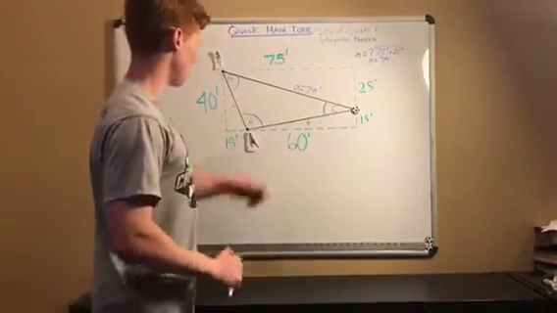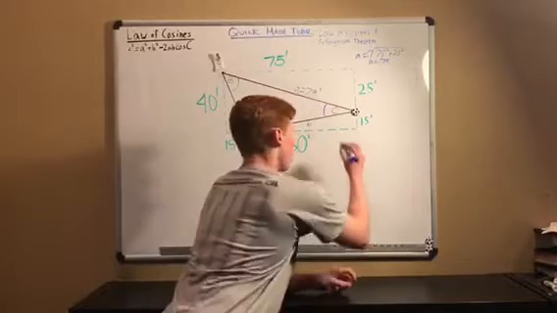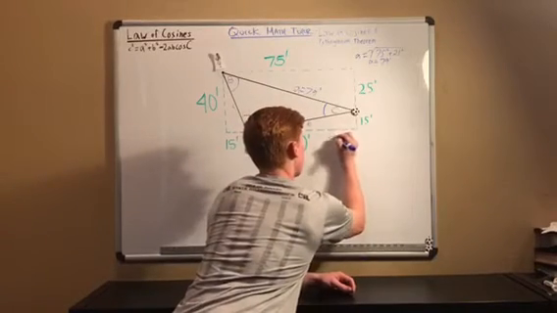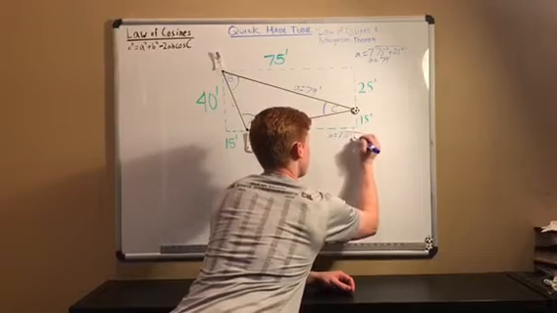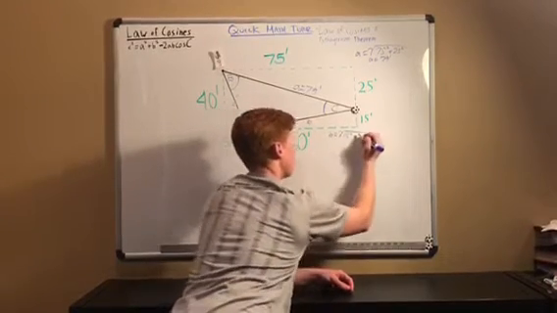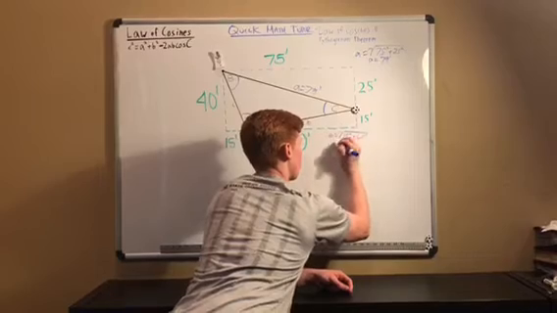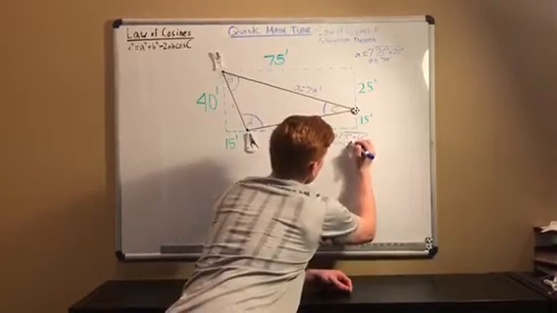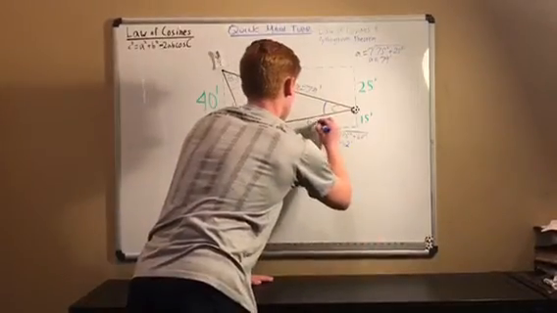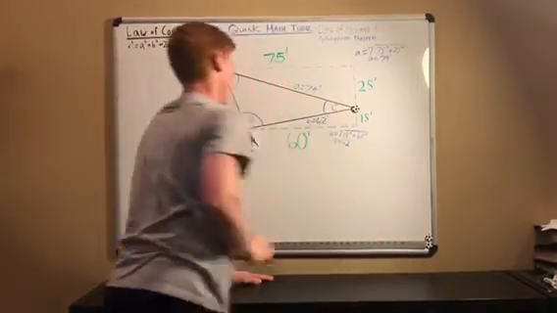Okay, next we'll solve side B, also using Pythagorean theorem. This will be the square root of 15 squared plus 60 squared, and that will come out to 62 feet. So B equals 62 feet.